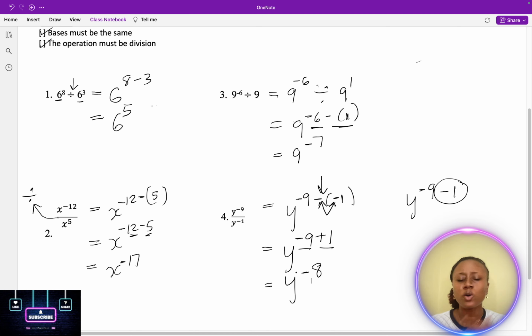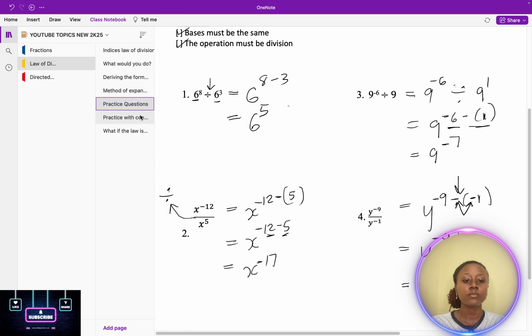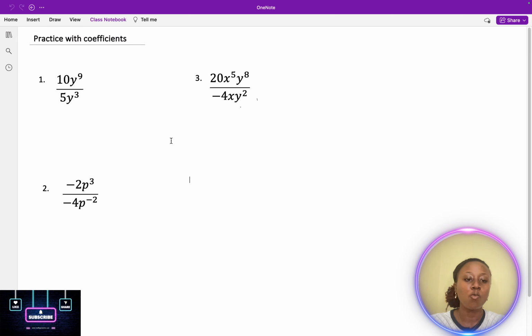Let's get over now to some more complicated questions where we actually have variables coming into play, which are letters, and also not just letters, but these letters have coefficients. Question number 1, you want to separate the coefficients from the variable along with its exponents. So we want to take 10 being divided by 5, and we place it in those square braces, separating that.